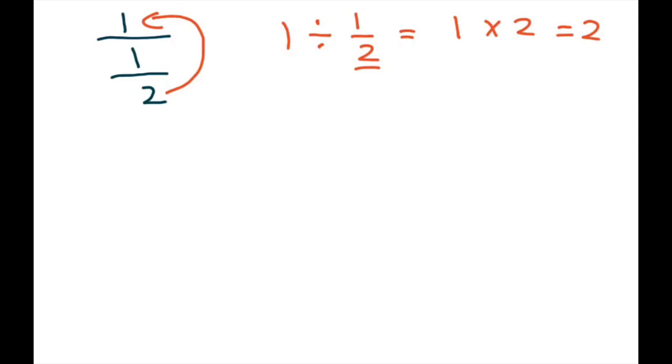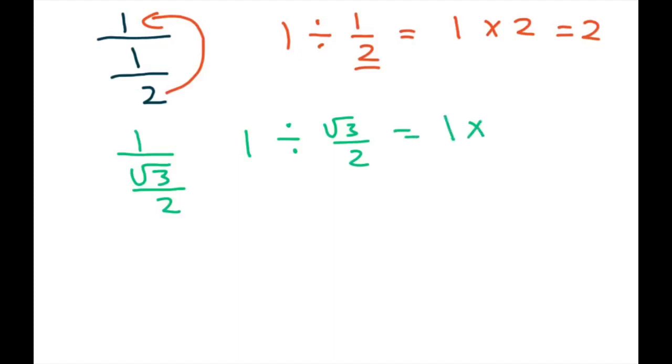Next one is 1 divided by square root of 3 over 2. So that's 1 divided by square root of 3 divided by 2, which equals 1 times 2 divided by square root of 3, which equals 2 over square root of 3.